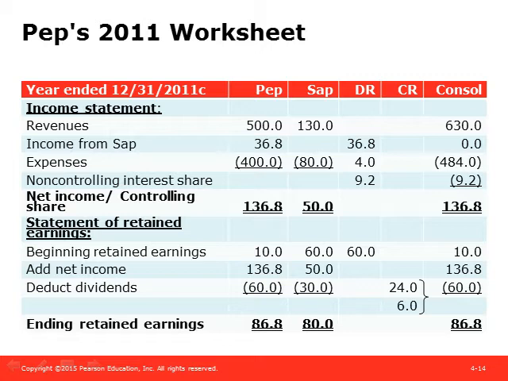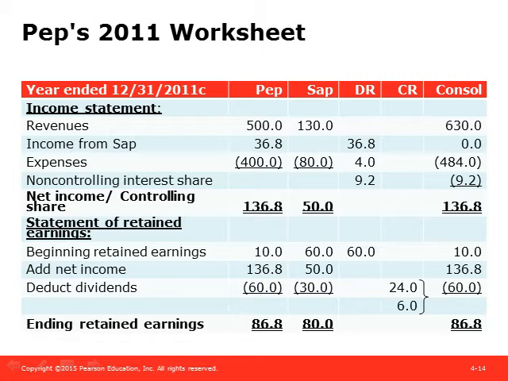So for instance, we're assuming that there are no intercompany revenues, so no intercompany sales, and so we simply add the revenues from PEP and SAP to get $630K in consolidated revenues. We've eliminated the income from SAP of 36.8 as a debit to PEP's income statement of 36.8.